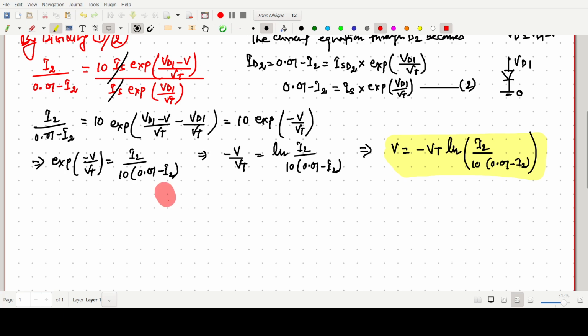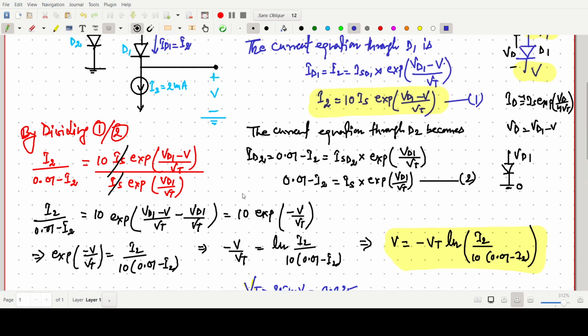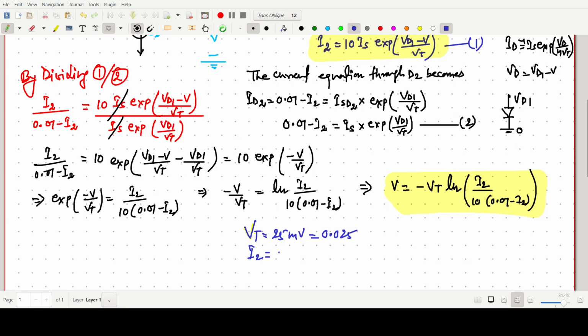So now VT value is known to us, 25 millivolt, or we can write it 0.025. I2 is also known to us, 2 milliampere, or simply 2 into 10 to the power minus 3 ampere.